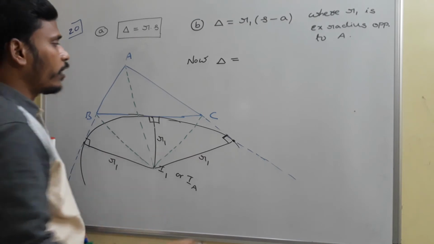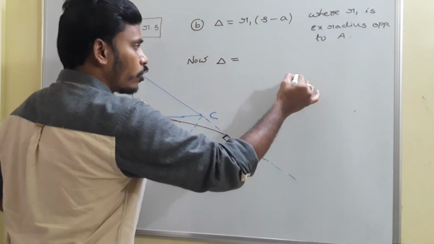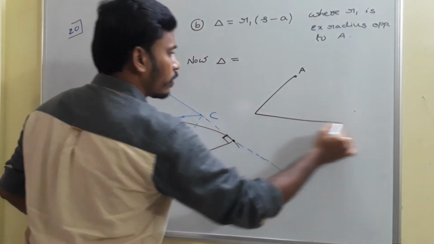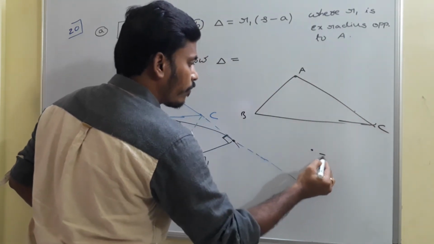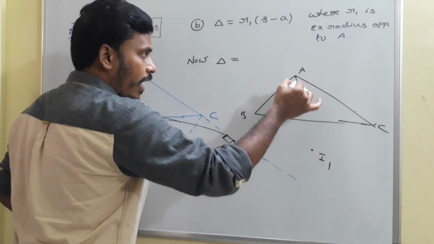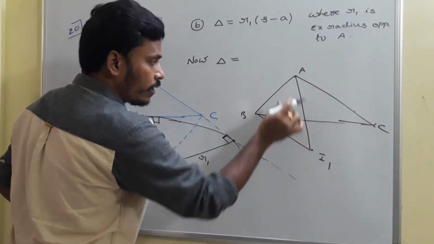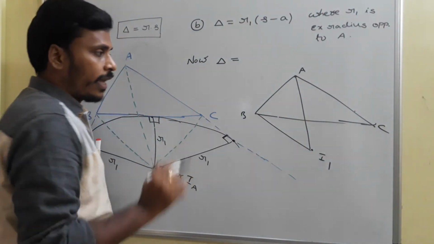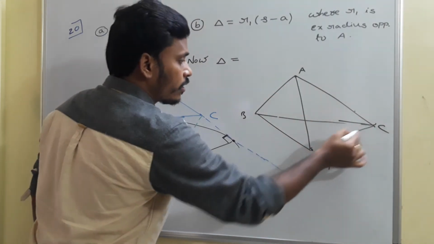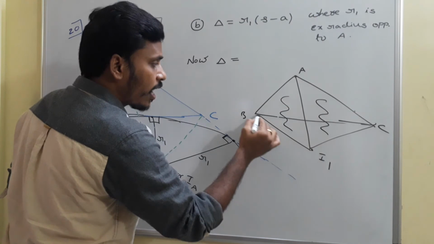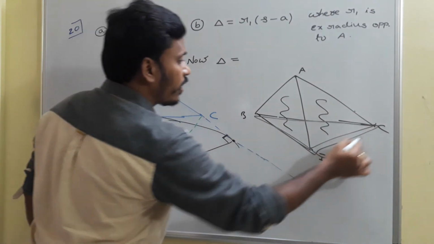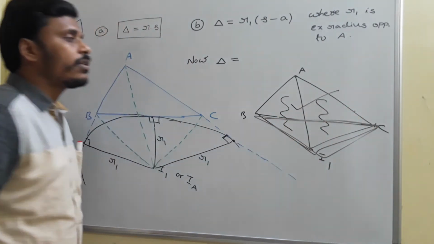Once again I am sketching for you. Just look there. So this is A. The total diagram will be like this: A, B, C, and somewhere here I have I1. So first of all, I1A and I1B, this area. Next, I1A, I1C, this area. So this total area plus this total area minus this I1BC area will give us this ABC area.